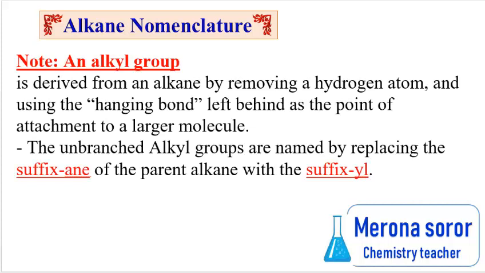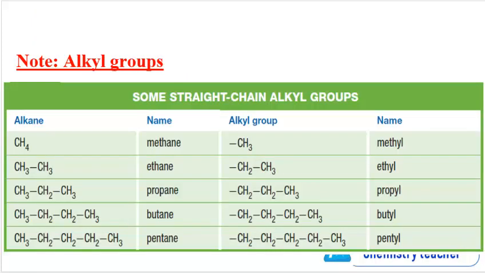An alkyl group is derived from an alkane by removing a hydrogen atom and using the hanging bond left behind as the point of attachment to the larger molecule. Unbranched alkyl groups are named by replacing the suffix "-ane" of the parent alkane with the suffix "-yl". Alkyl groups.